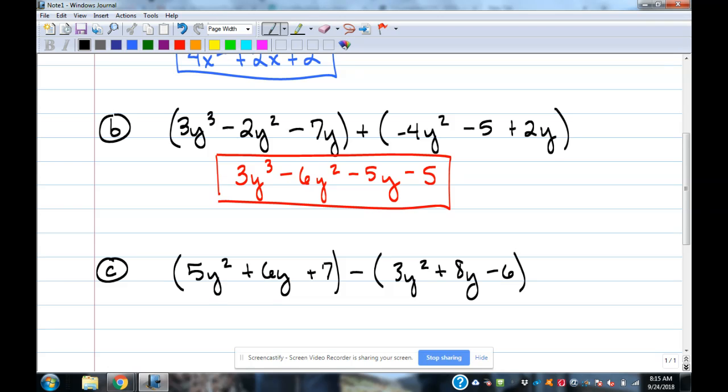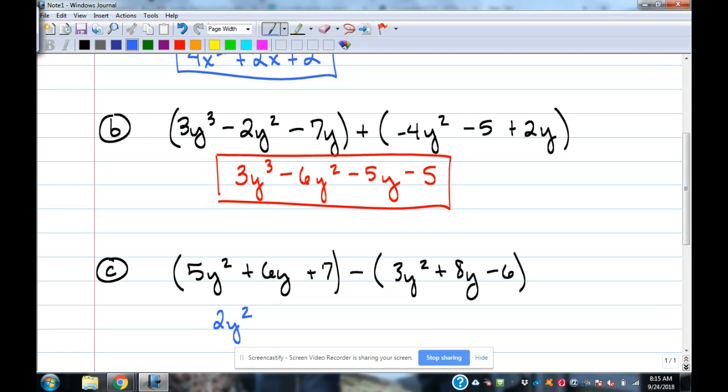What's the only difference? You're subtracting instead of adding. Like terms are still the same, no matter what, even though we're doing the opposite operation. So we start with the highest power of y in this one, since y is our variable. So y squared, 5y squared minus 3y squared, 2y squared, right?